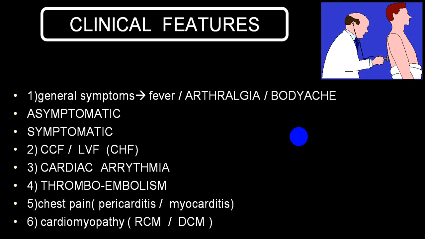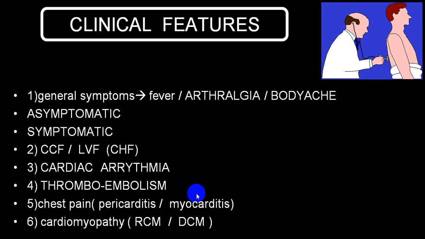Usually a person becomes symptomatic when there is acute involvement of the myocardium, which can produce cardiac arrhythmias. Because of acute involvement of the myocardium, myocardial contraction is poor, a person can go into right ventricular failure or left ventricular failure, and when there is massive involvement, a person can go into congestive heart failure. Mural thrombus can form and it can end into thromboembolism.